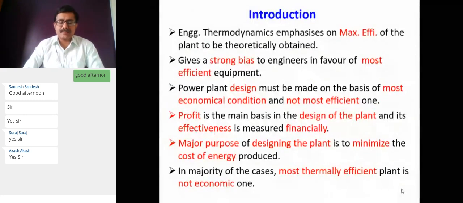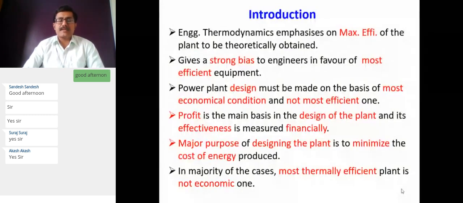Hardly does it happen that the most economical plant is the most efficient one, isn't it? So an appropriate balance is required between the various costs, where you can have the minimum cost of power generation. That is the last line mentioned in this slide: in the majority of cases, the most thermally efficient plant is not the economical one.